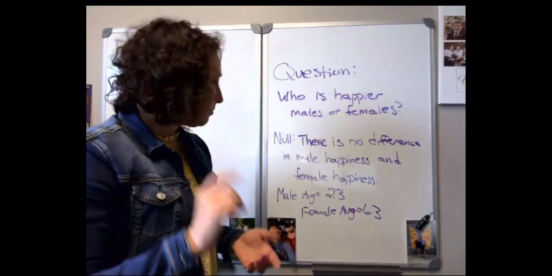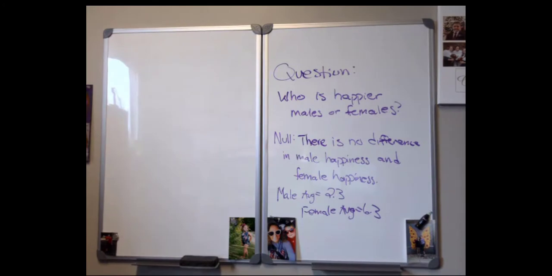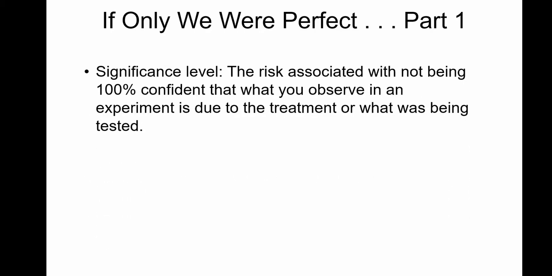Okay? So I'm going to stop here and go back to lecture slides real fast. When we talk about being confident about the differences between my averages, we're talking about significance level. It's the risk that we are going to take with not being 100% confident that what we observe is due to the treatment or what's being tested.